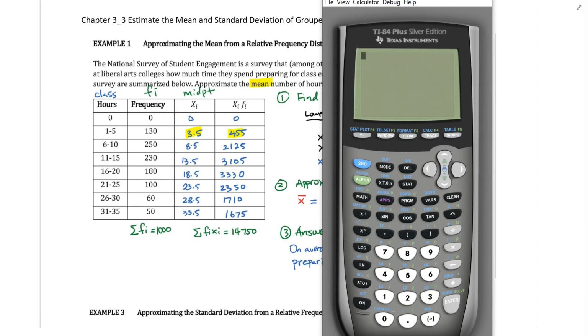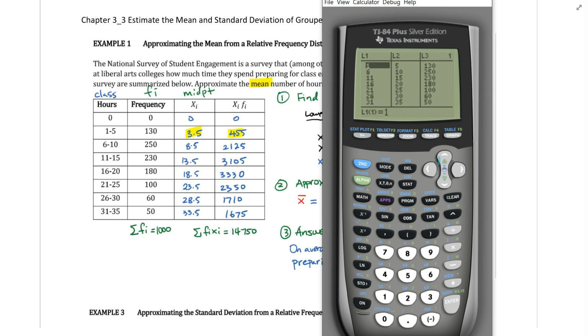Okay, so to do that using a calculator, first enter the data into the calculator. Go to stat and enter. Notice that in L1 I put the lower class limit. Since the first row is all 0, and the frequency is also 0, I skip the first row.